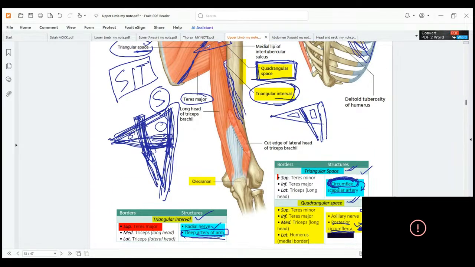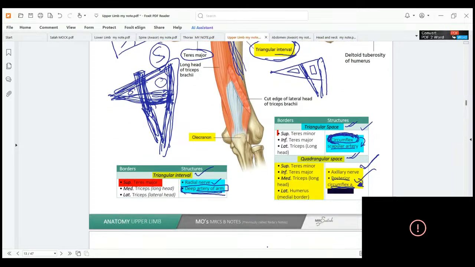Superior border by teres major, lateral border by the lateral head of triceps, and medial border by the long head of triceps. So both heads of triceps form this one, and the contents are the radial nerve and the deep artery of the arm, profunda brachii.